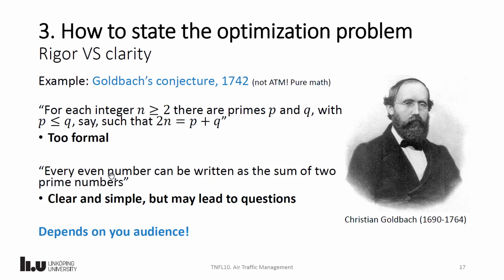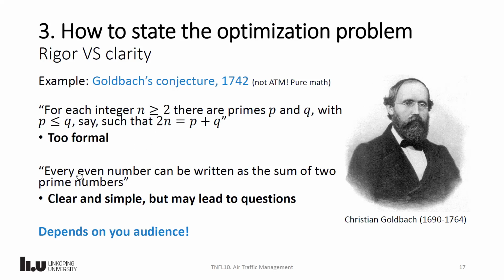So, for example, one question would be, every even number can be written. So, is there any condition on this even number? Well, from this formulation, we cannot see it, but in here we can say that this even number has to be larger or equal than 2.